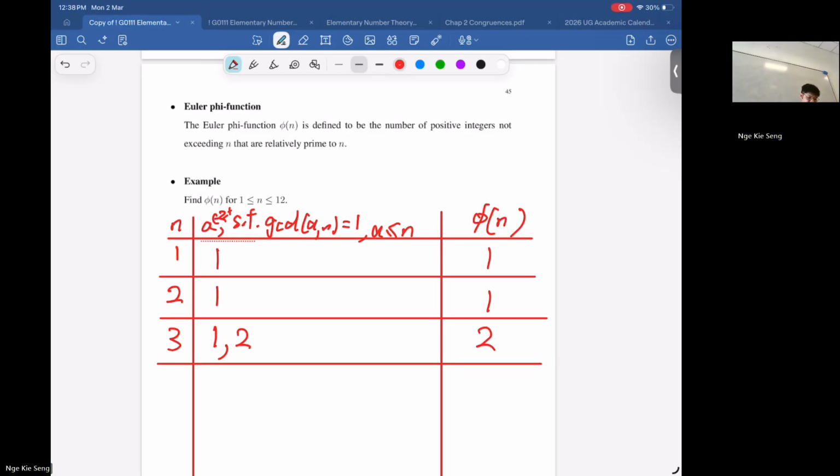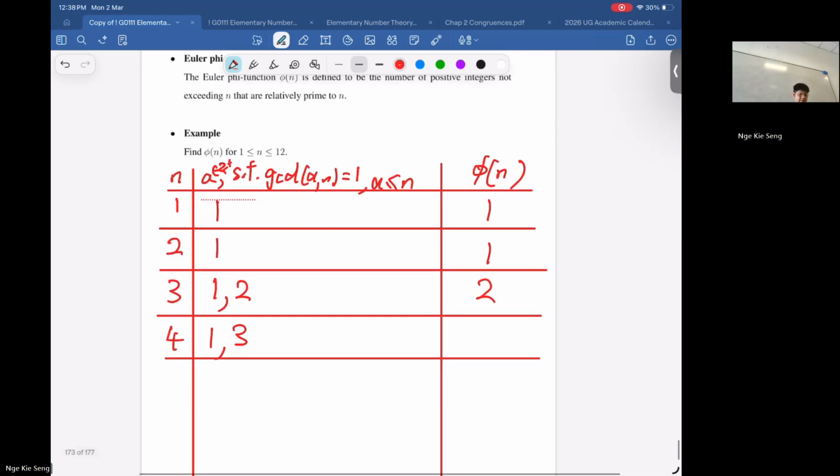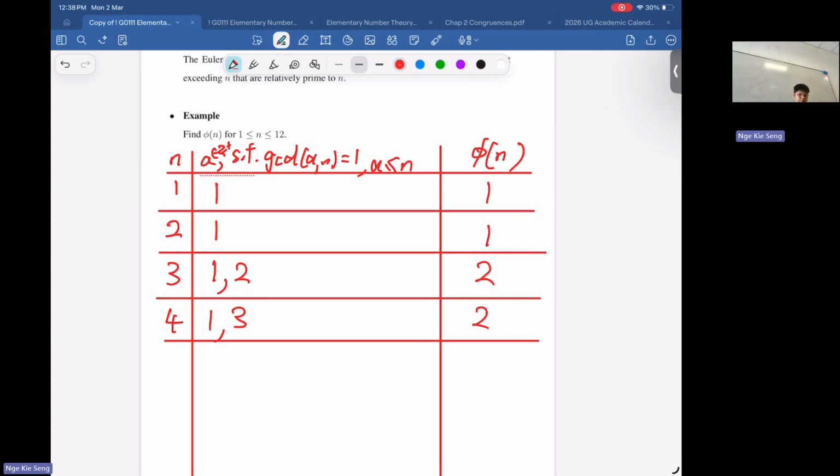4: 1, 3, and no more. 4 has GCD 4, and 2 has GCD 2 with 4. Again, 2. 5: 1, 2, 3, 4, 5.